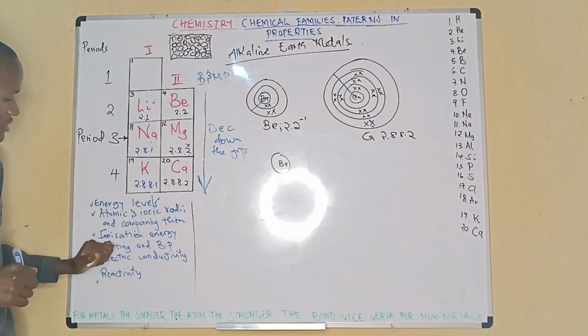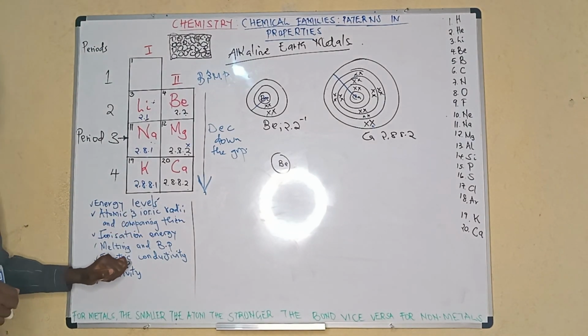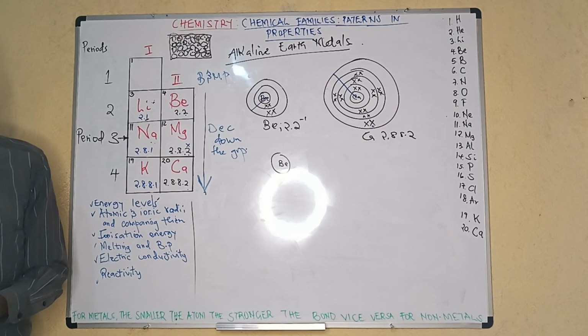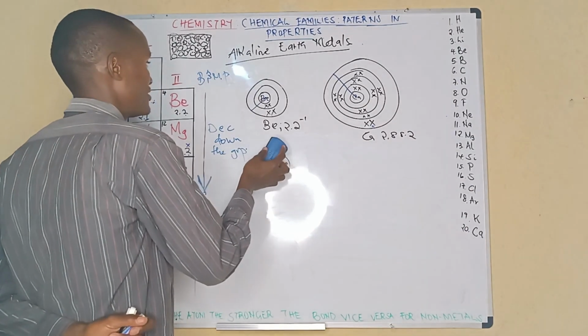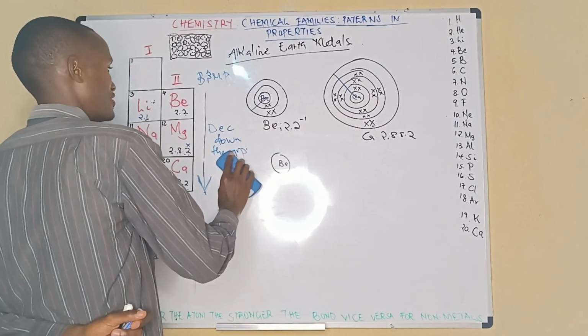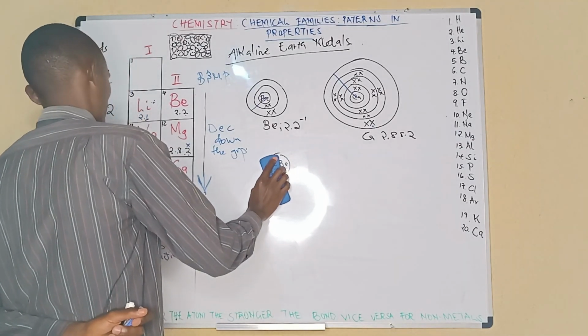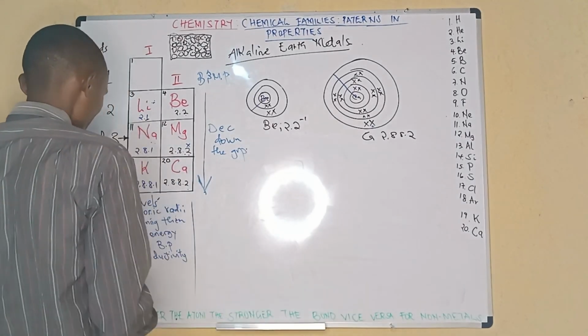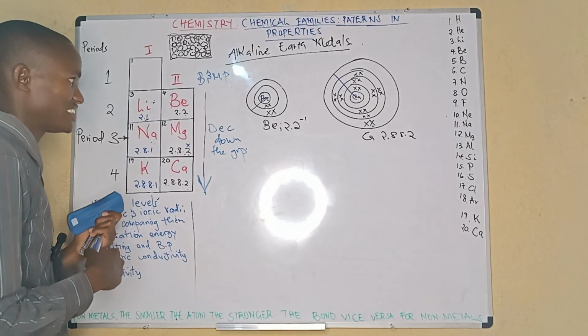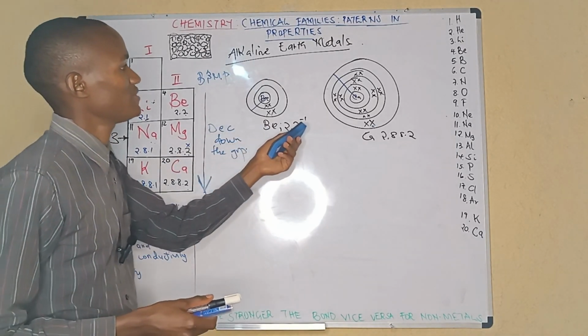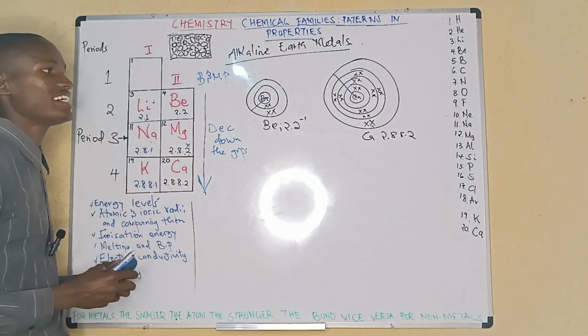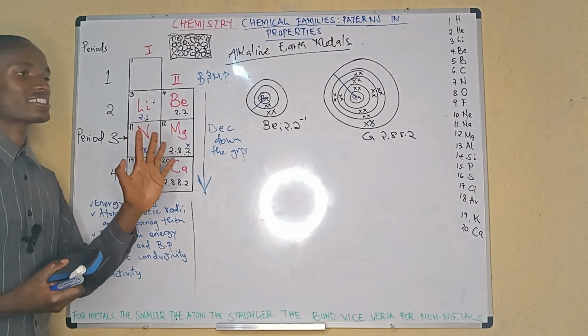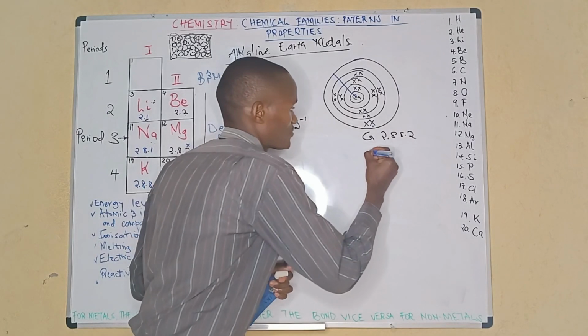We have talked of melting and boiling points. Let us now talk of electrical conductivity and then the last part, reactivity. So, electrical conductivity, beryllium and calcium. We said earlier that metals conduct electricity because of the presence of delocalized electrons.